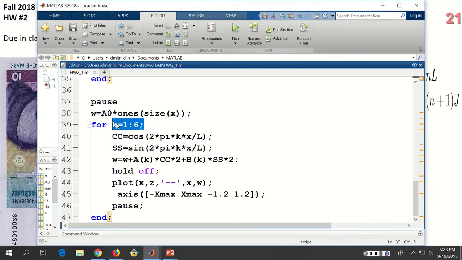Oh. Just click. Without these pauses, it's so quick.